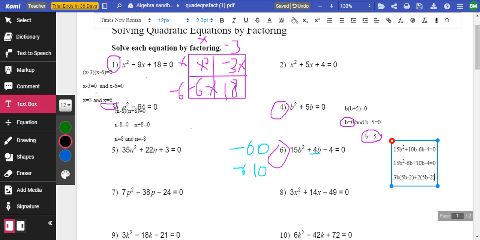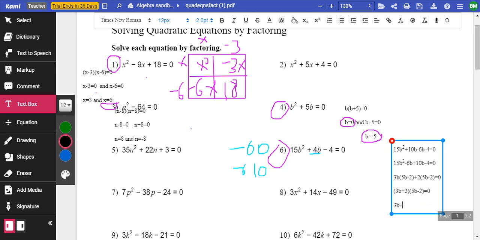So see how both things in parentheses are the same? That's what we want. And then we've got 3b plus 2, multiplied by the 5b minus 2. And that equals 0.